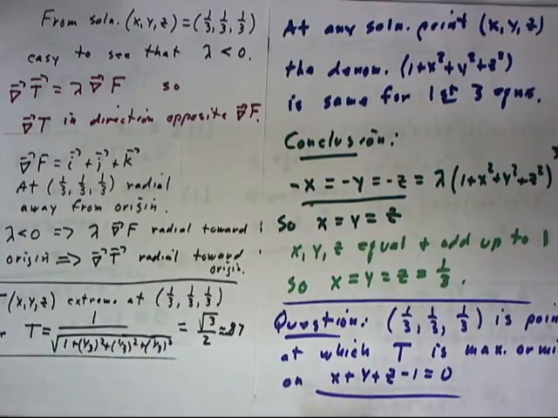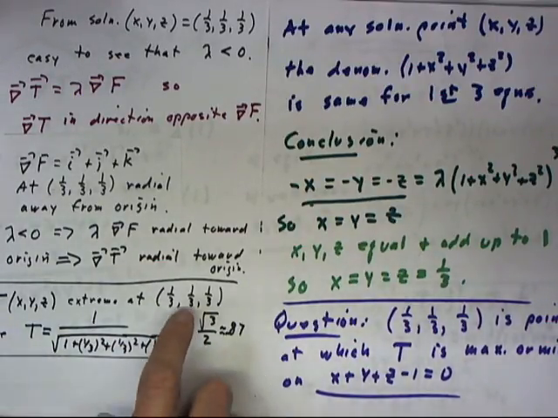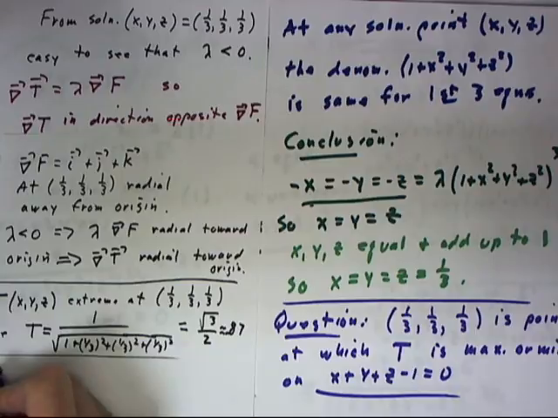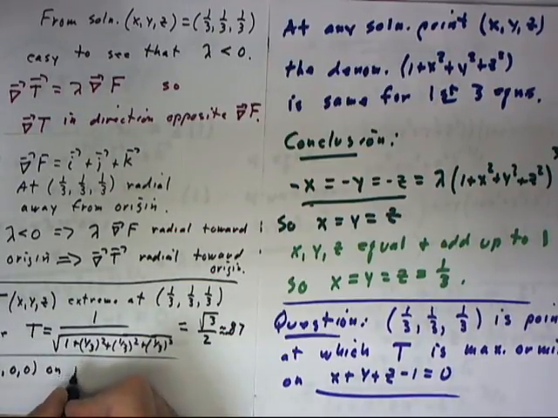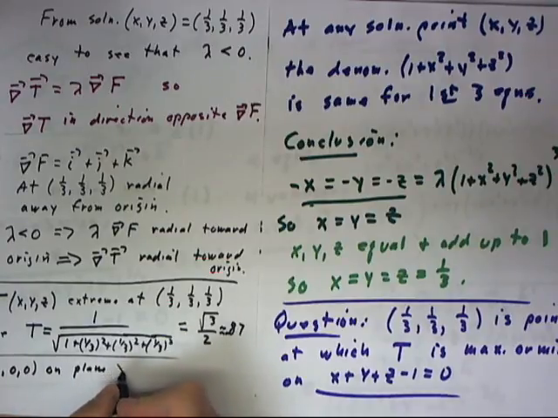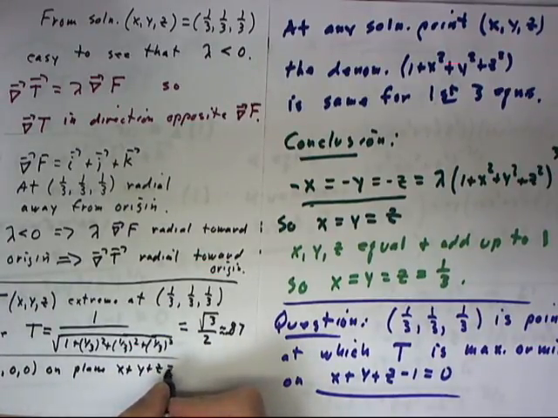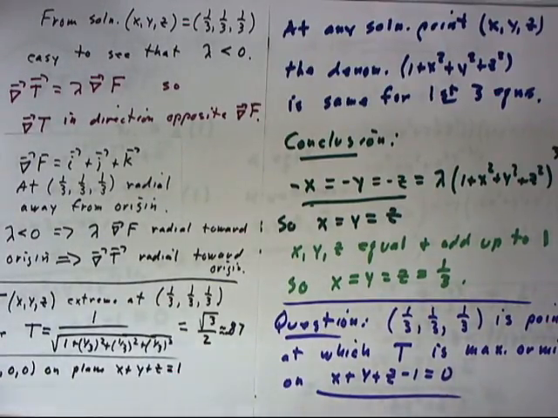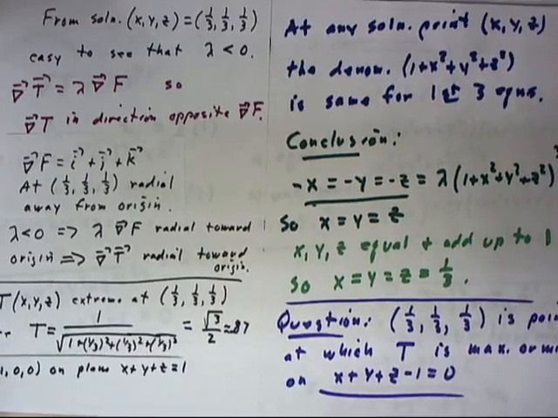This means that as we move away from this point on the plane, the temperature is either increasing or decreasing. Now, clearly the point 1, 0, 0 is on the plane x plus y plus z equals 1, and I've got the 1 over on this side instead of this side, but that's perfectly okay.